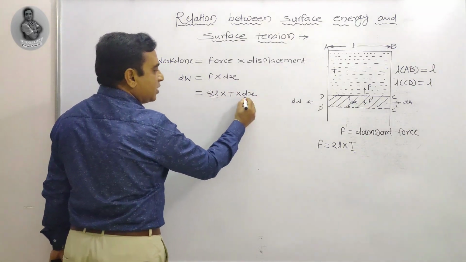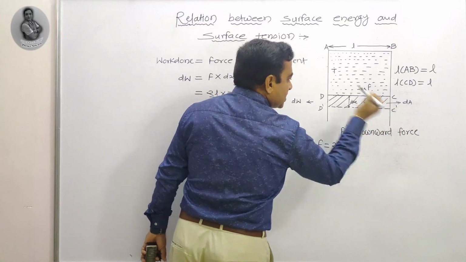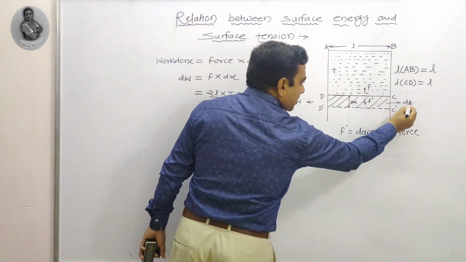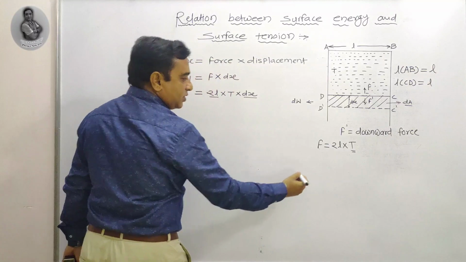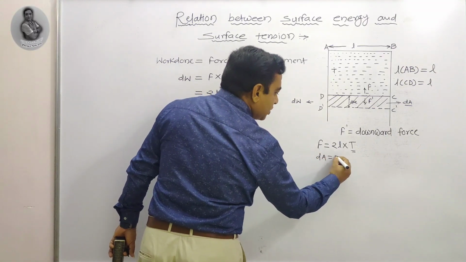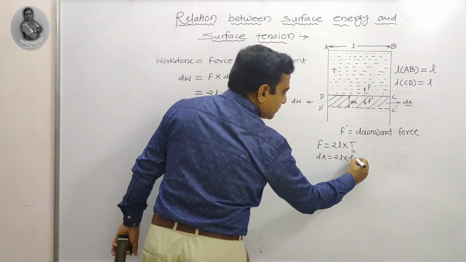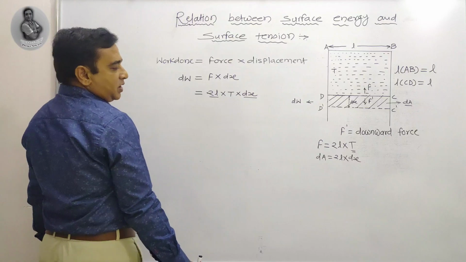This 2L into dx is nothing but the small area which is formed, which can be written as dA.